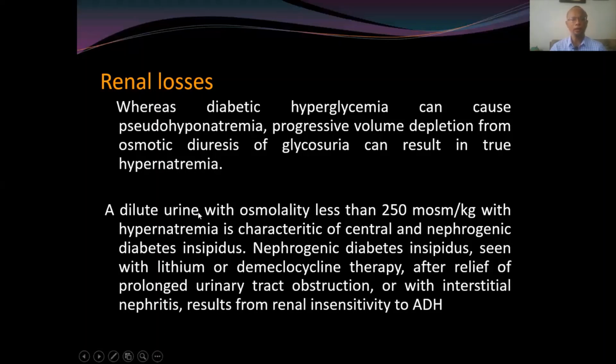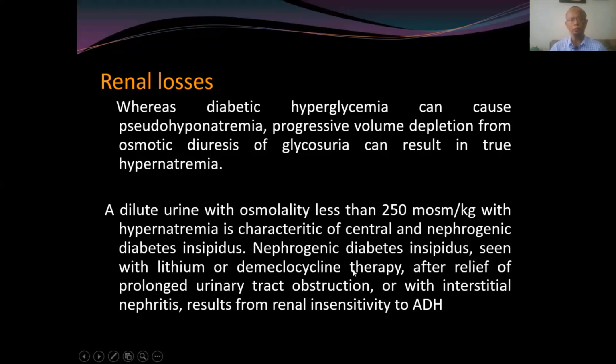And a dilute urine with osmolarity less than 250 milliosmol per kg with hypernatremia is characteristic of central and nephrogenic diabetes insipidus. So urine osmolarity is usually less than 250 in diabetes insipidus.